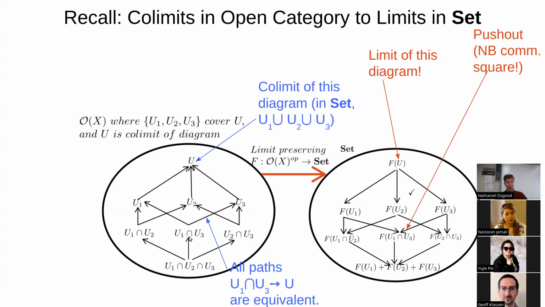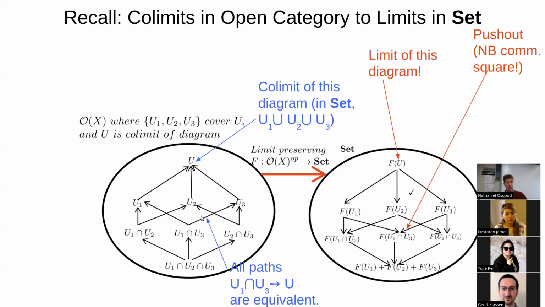So if we have a path from U1 intersect U3 up to U, that just says U1 intersect U3 is a subset of U, right? And it's the same information as going up through U1 and then U1 to U, which also says U1 intersection U3 is a subset of U, right? So all these paths commute.